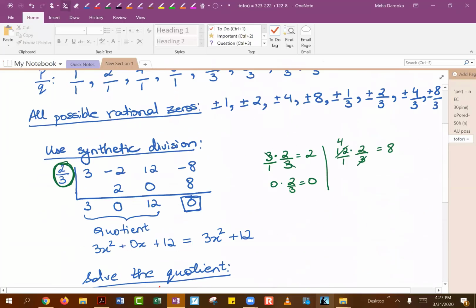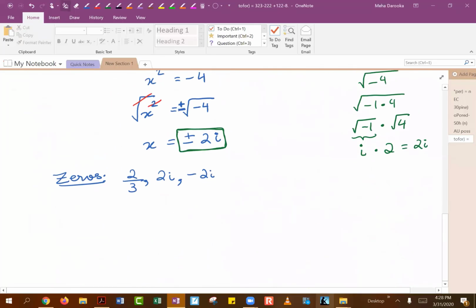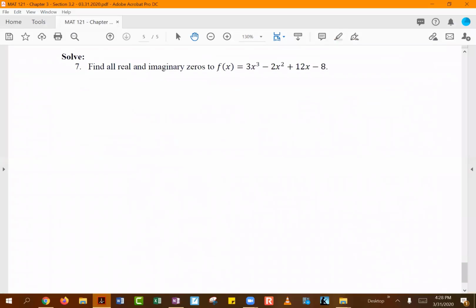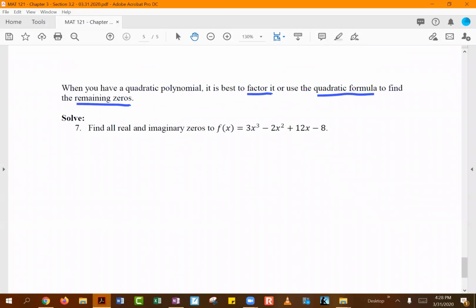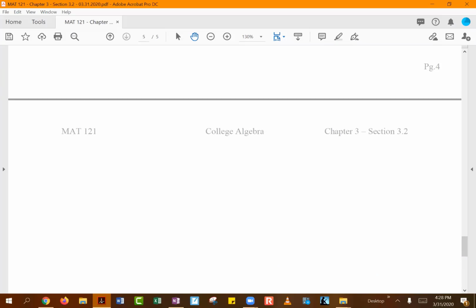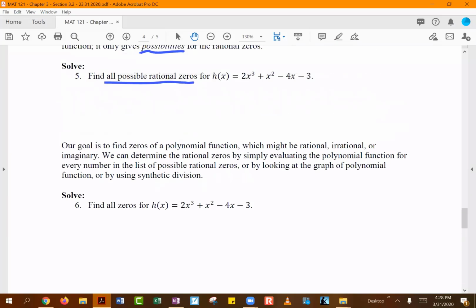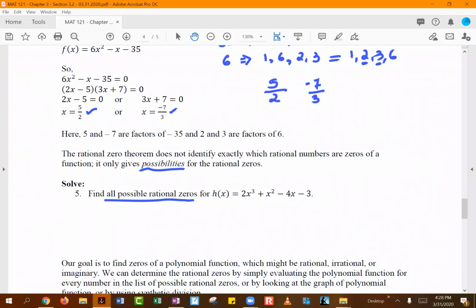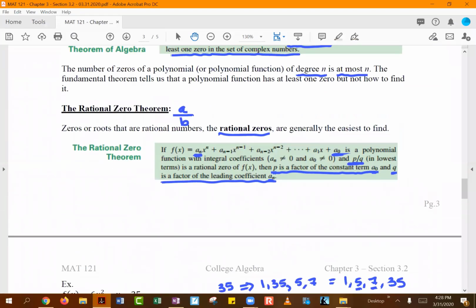Okay, so look through this example, and of course let me know if you have any questions. But that's kind of what we are talking about in this section right here, just looking at all the different ways that we can find the zeros. So we of course looked at the rational zero theorem, which is the last thing we did here.